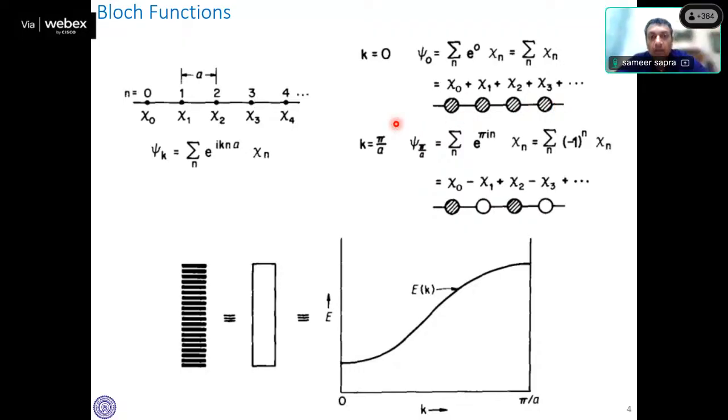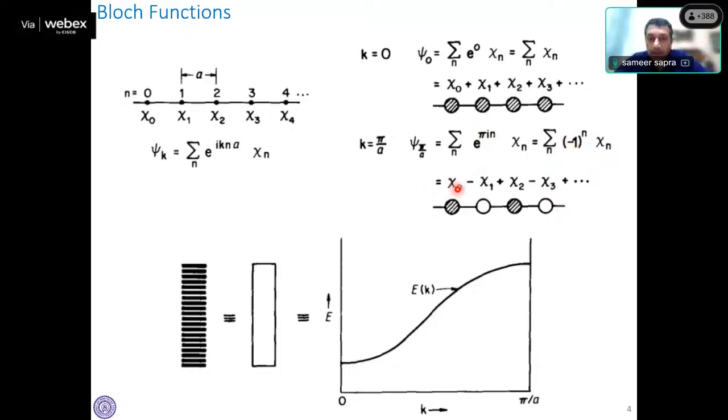All right. Put the value of k equal to pi by a, and let's take the molecular orbital psi of pi by a. So I put these values over here, pi by a, n a. So that's e to the power pi i n. And for every value of n, I know it goes as -1 or +1.